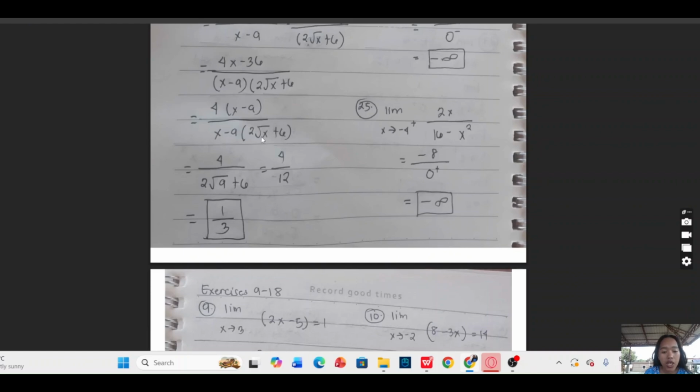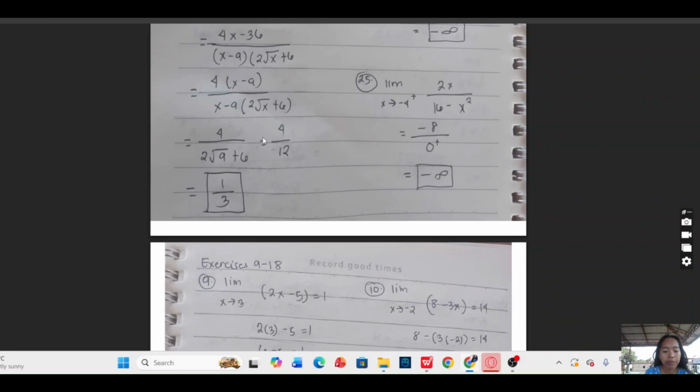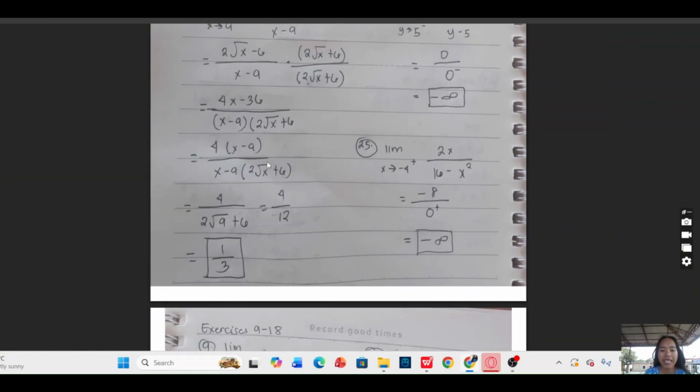Then change our x variables into 9. So our equation would now be 4 over 2 square root of 9 plus 6, and that would be 4 over 12. Because 4 over 12 can be simplified into 1 over 3, 1 over 3 is our final answer.